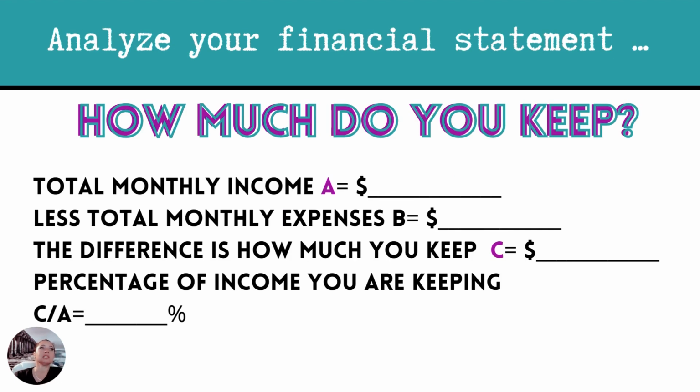How much of your money are you actually keeping? To figure this out, you're going to write down your total monthly income, A, subtract your total monthly expenses, B, and then to figure out what the difference is, you're going to subtract B from A, giving you C. If you want to know what the actual percentage is, then you're going to want to divide C by A, and that will give you the percentage that you're keeping.